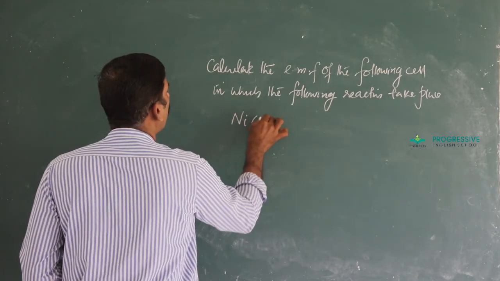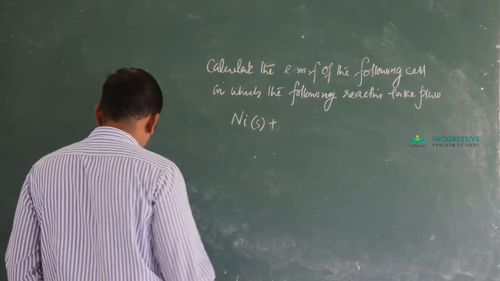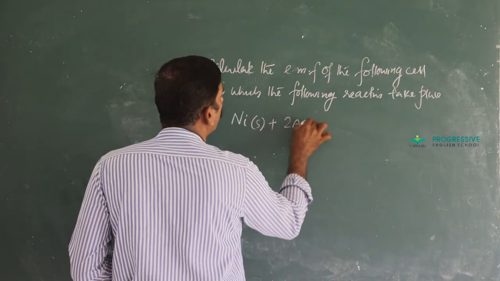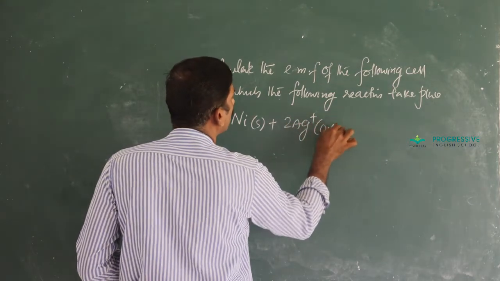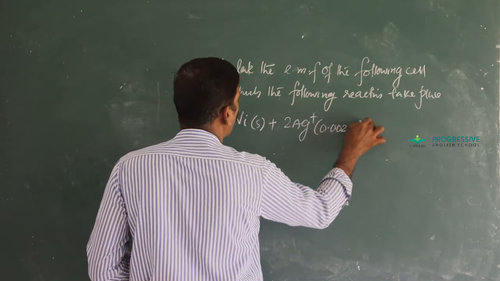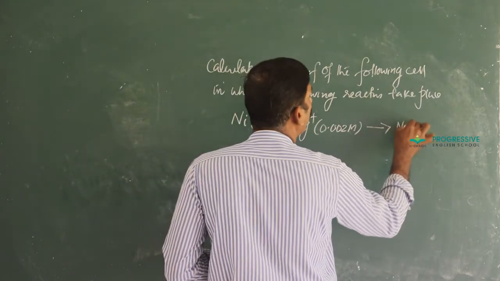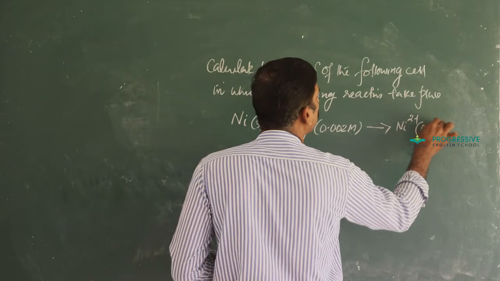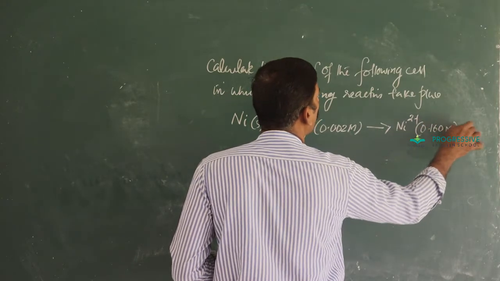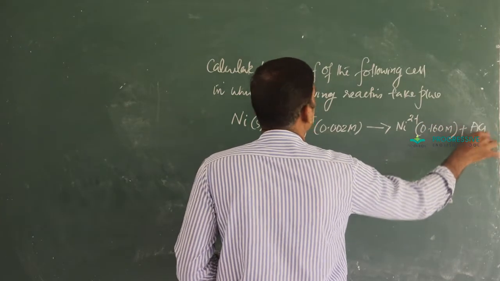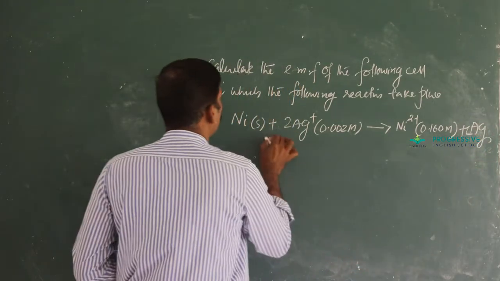That is nickel in solid state plus 2Ag plus (0.002 molar) gives Ni2 plus with the concentration 0.160 molar plus 2Ag.